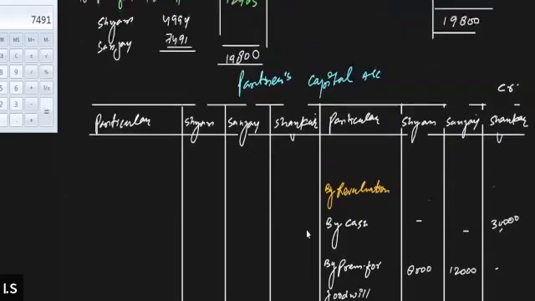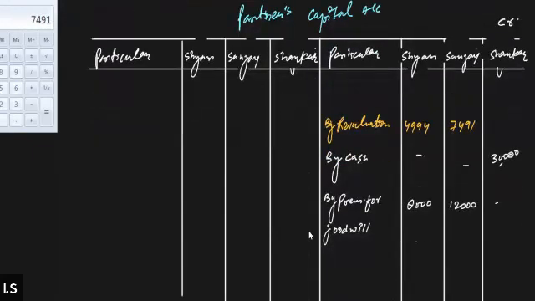The revaluation account profit is distributed to partners, and Shyam's account will be credited by 4,994 and 7,491 for Sanjay. Okay, this is it.